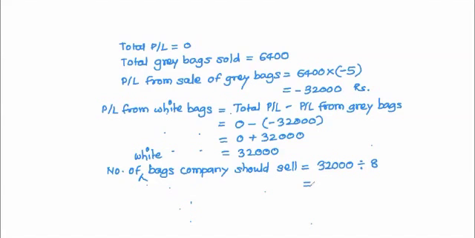Because total divided by per bag is going to give you the total number of bags. So 8 fours are 32, it gives me 4,000. So therefore, the company must sell 4,000 white bags.